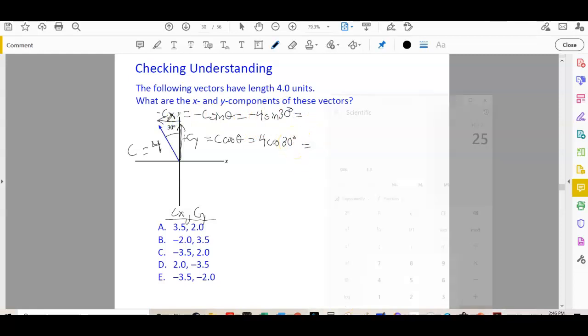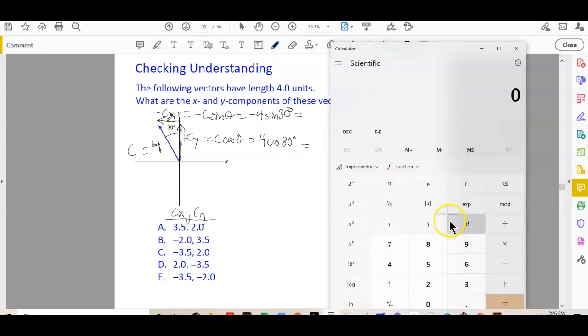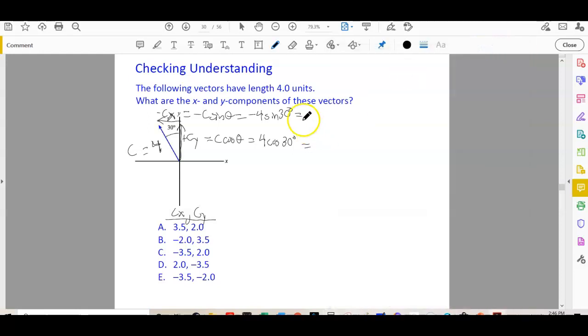Let's use our little calculator that comes on the computer. I'm going to do the cx part first: -4 times sine of 30 degrees, and that is -2. So this is pointing to the left by 2 units, and that is cx.